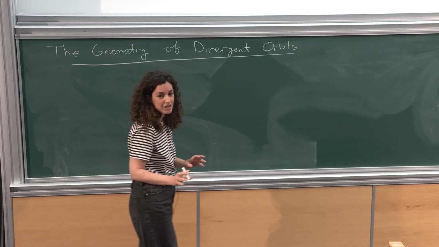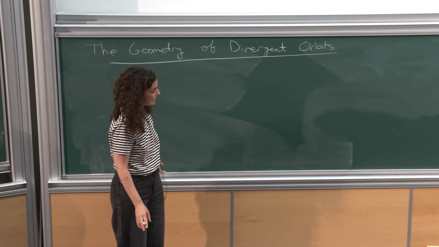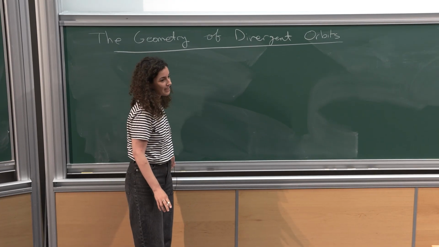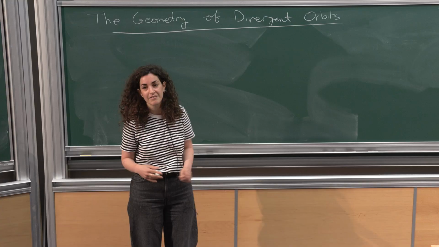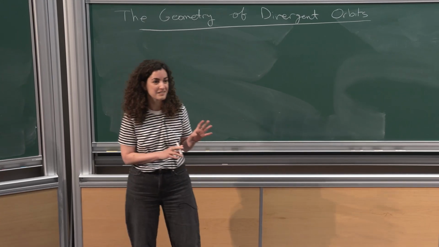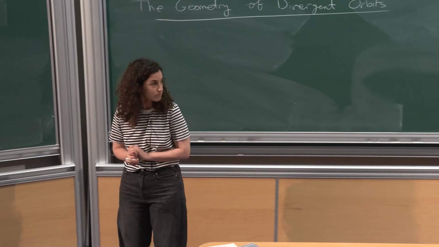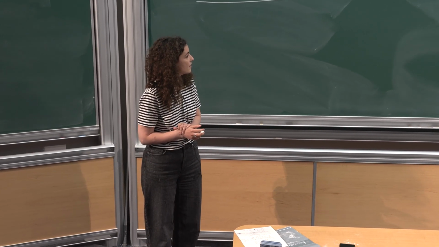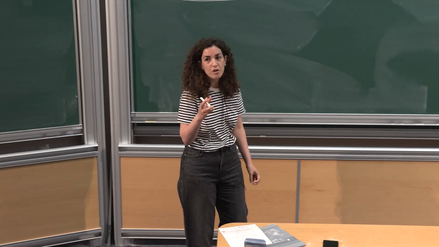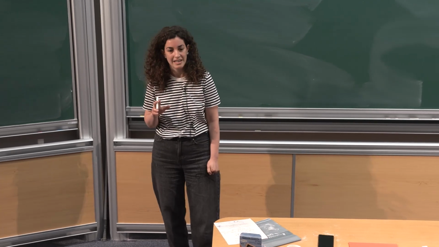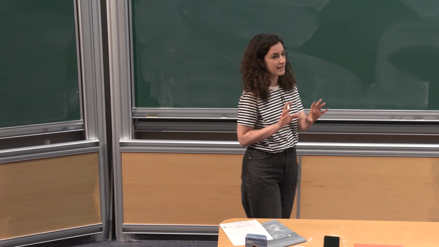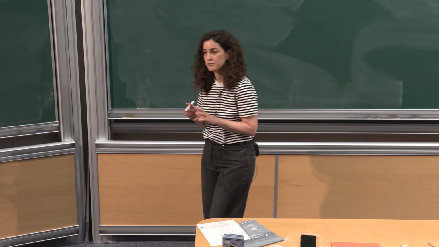The ultimate goal is going to be to discuss and prove a classification theorem regarding diverging trajectories that hopefully I will state by the end of this lecture. And the main point of view I want to have is both geometrical and algebraic. So this is what I want to discuss today.